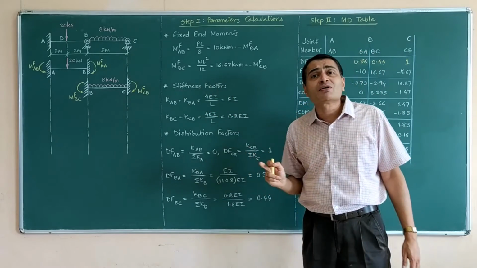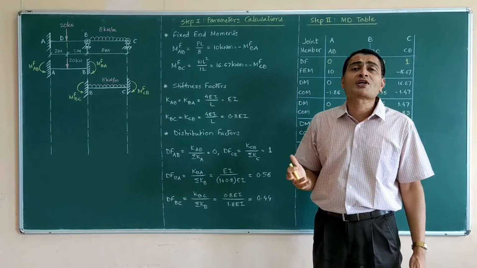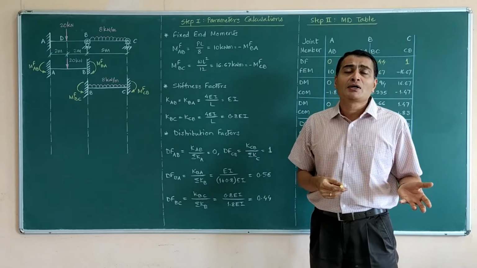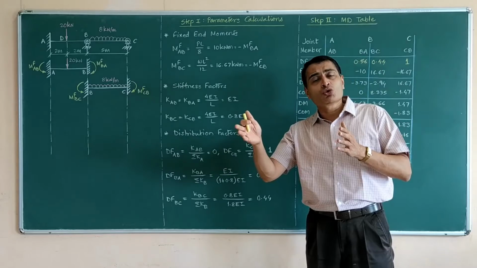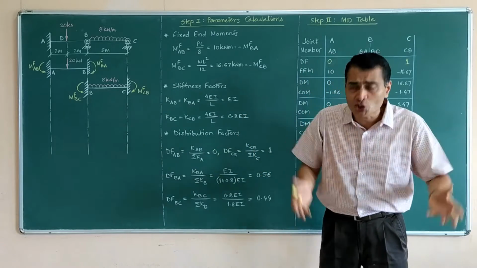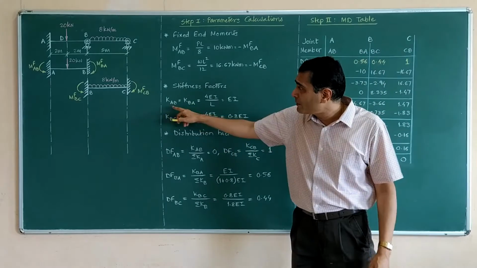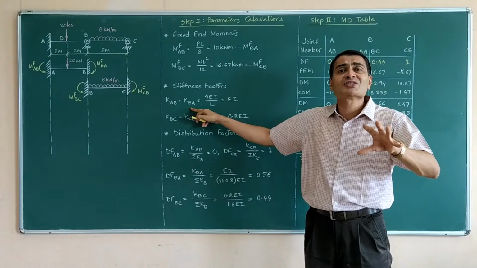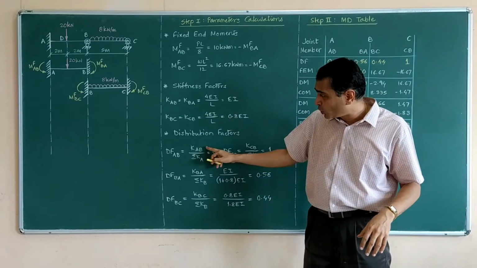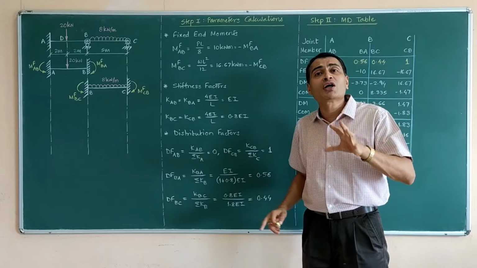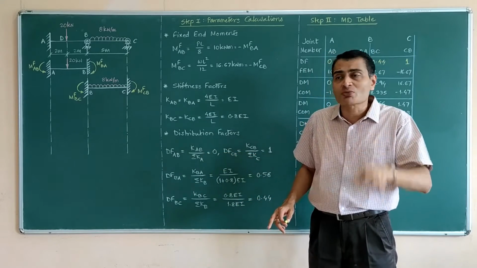Second parameter, stiffness factor or rotational stiffness, which we are aware is 4 EI by L, when the far end is assumed to be fixed and the near end is having the facility of rotation, that is hinge. So K of AB is equal to K of BA. It is obvious, but I am writing this as a formality because later on when I try to calculate distribution factor, I don't get confused, AB or BA, what to substitute.